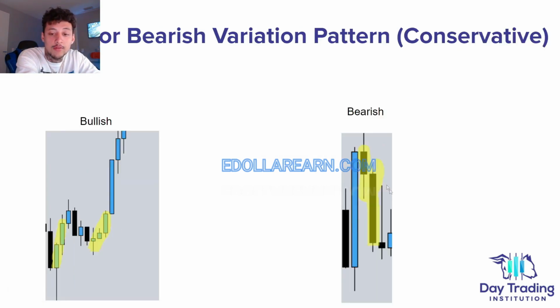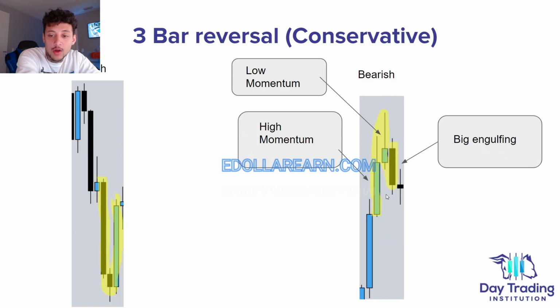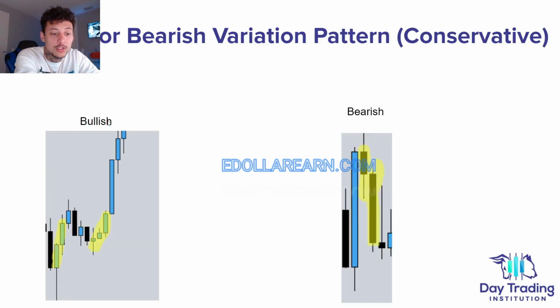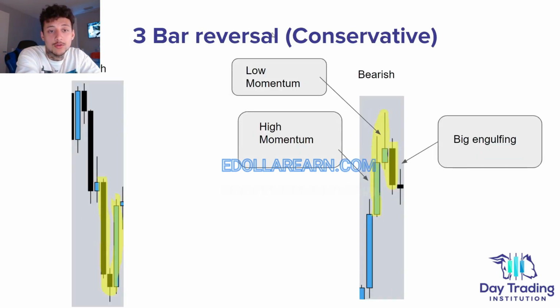You actually have a single bullish candle versus here you have 2 bearish, right? Here it's literally the opposite. You have 2 bullish, 1 bearish, right? And then look at the bullish example. You have 2 bearish, 1 bullish. Look at the bullish example here. You have 1 bullish, 2 or 3 bearish, right? And we call this a 3-bar reversal because again, it only uses 3 bars.